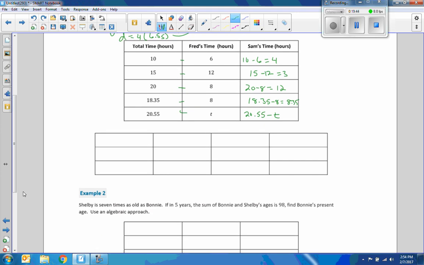Okay, so another way we can do this is set up a table. What are we dealing with? We're dealing with two people, Fred and Sam. And this area does not get used. Okay, and we're talking about how fast each one is going, rate, how long it took them, time, distance they went.